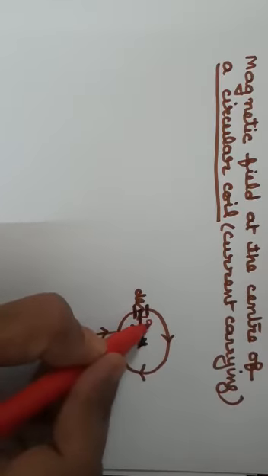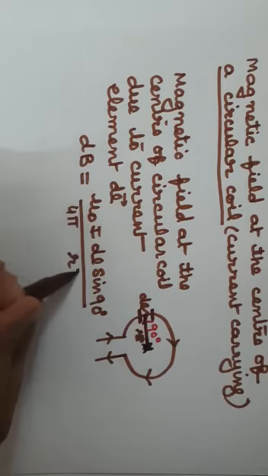Now we write here that the magnetic field at the center of the circular coil due to current element dl, dB, is equal to mu naught I dl sine 90, theta is 90, upon 4 pi r square.